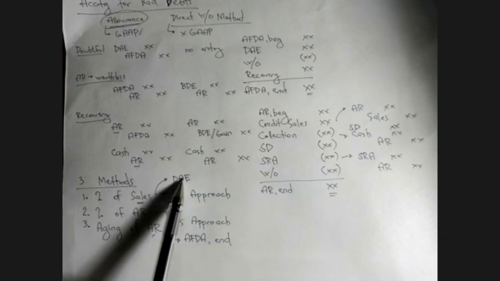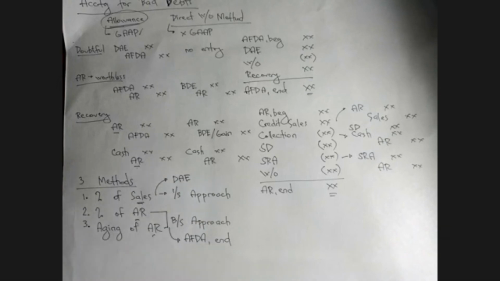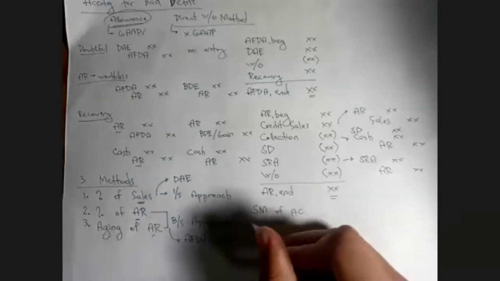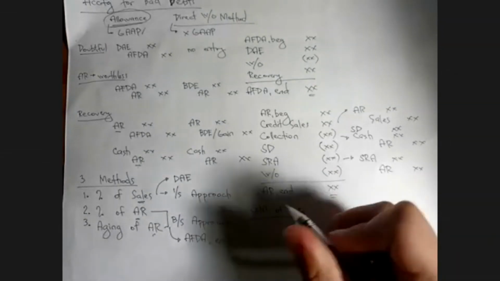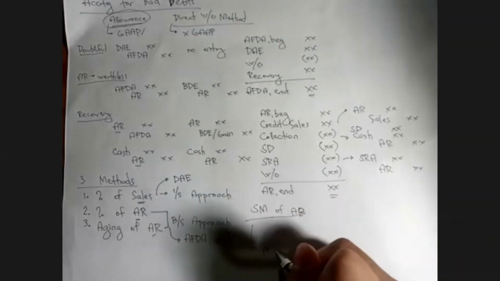Method 1, ang nako-compute is doubtful accounts expense. Method 2 and Method 3, ang nako-compute natin is allowance for doubtful accounts at the end of the year.